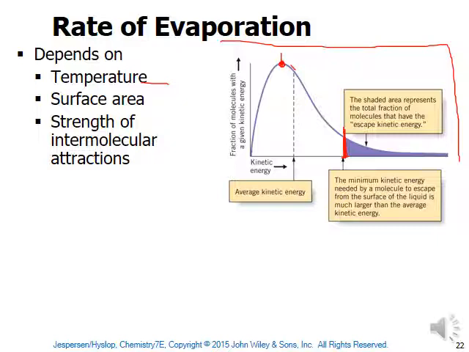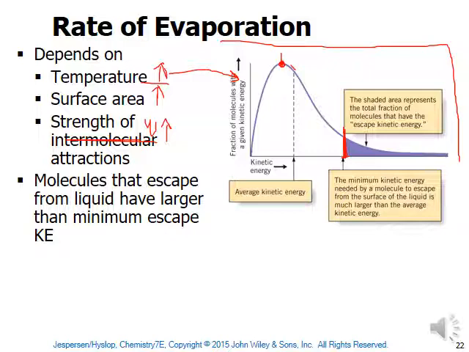More surface area, more evaporation. Higher temperatures give more evaporation. More surface area gives more evaporation. And weaker interactions will cause more evaporation. But this graph here relates to temperature.